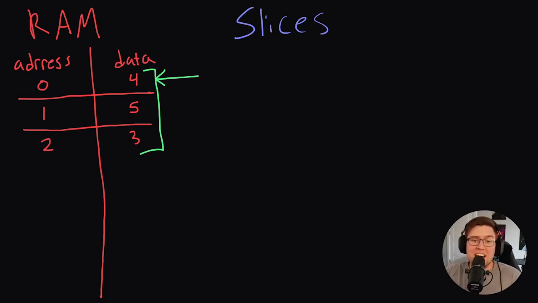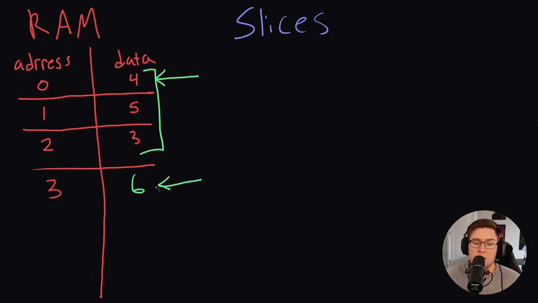However, there is a downside to having to store all of our memory next to each other. Let's pretend that we have this slice or this array that starts at address 0 and has a length of 3. So it's using these 3 addresses in memory, or these 3 bytes of memory. And let's say here at address 3, we're storing a different value. Maybe we're just storing, I don't know, the number 6, but this is a different variable.